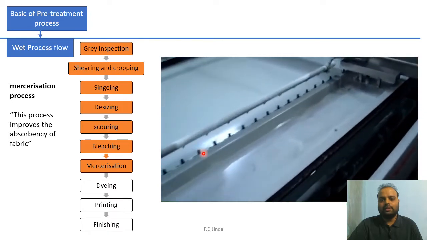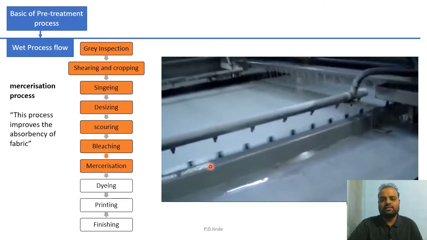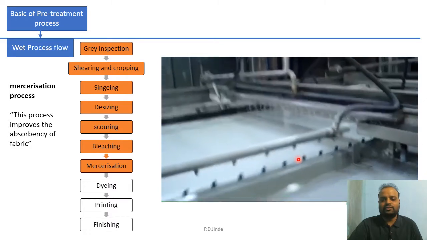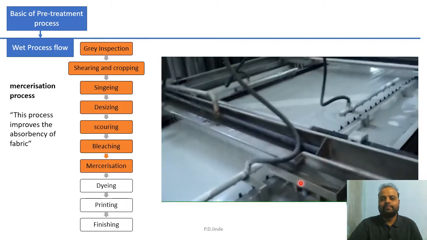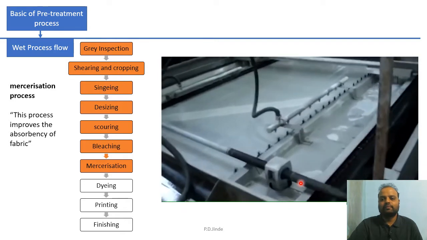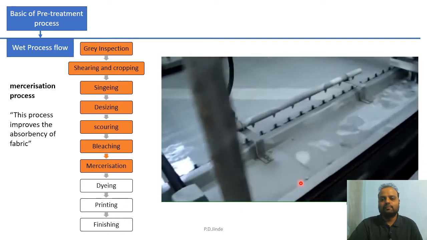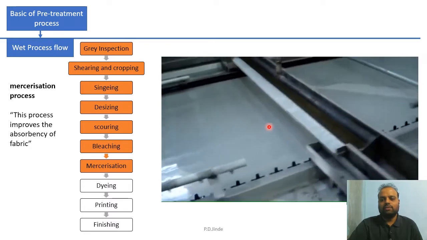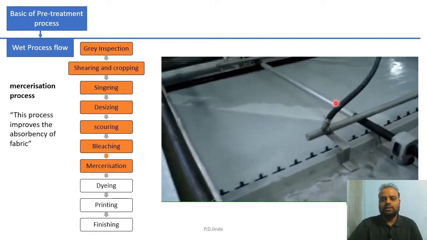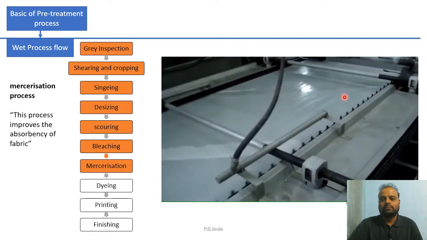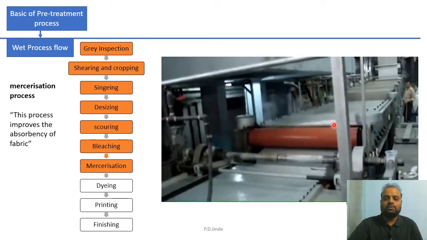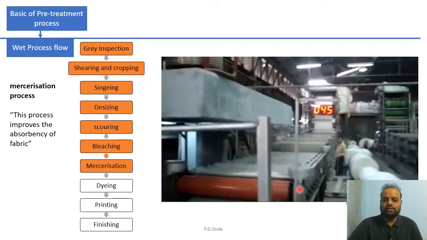Now fabric is gripped by these pins and stretched widthwise. So fabric becomes flat and straight. This fabric then enters into a drying zone where the temperature is set at about 45 degrees Celsius.